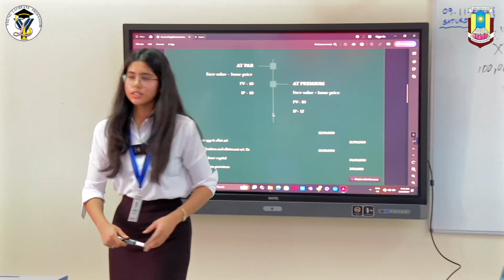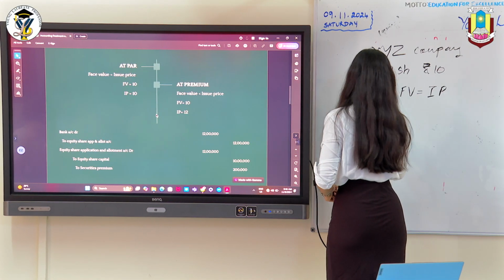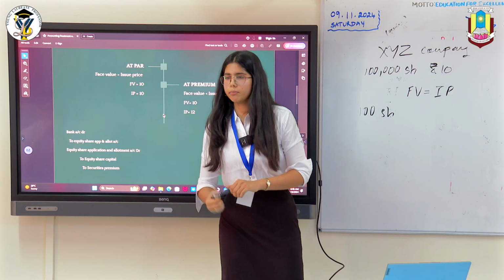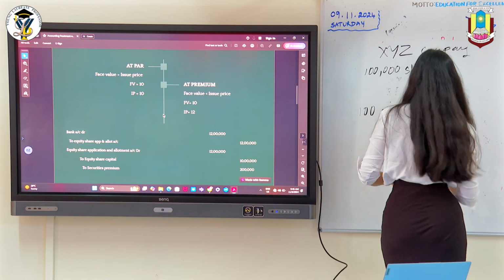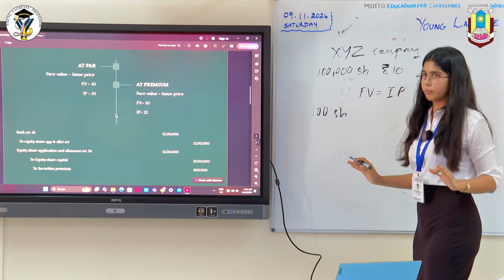Jabir. Okay, say Jabir had applied for 100 shares, and let me make the scenario a little different. This company has instead issued shares for 10 rupees but in installments.